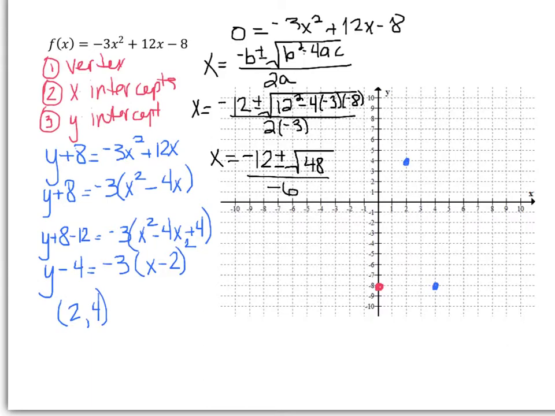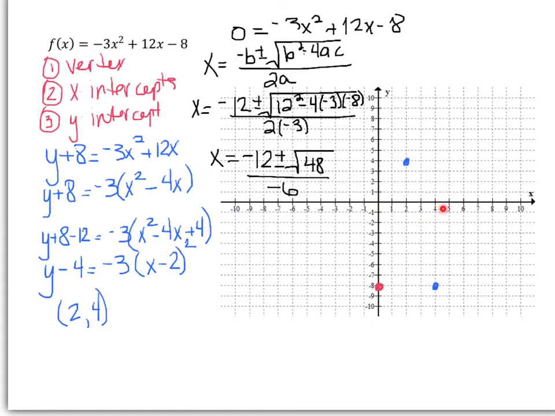At this point, I would just enter each one of these into my calculator, because in order to reduce it, I would have to factor the 48, write it in simplest radical form, and eventually I really just want a decimal anyway. I know that my two values have to be somewhere between 0 and 4.